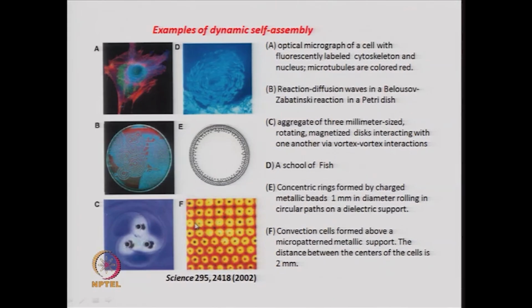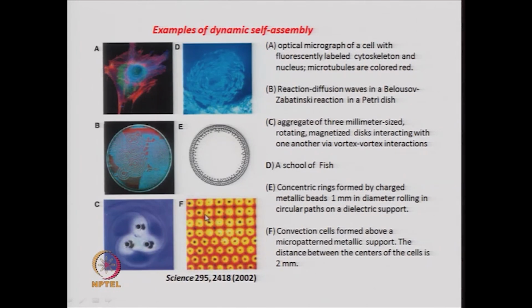This is a micro patterned metallic support where the centers of the cells are 2 millimeters apart, and you can see some kind of convection cells around these points, and this self assembly is again a case of a dynamic self assembly.